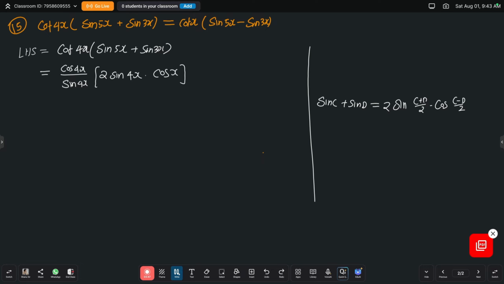Now you can see this sin 4x and this sin 4x cancel, correct. Then what is the remaining part? 2 cos 4x and cos x.